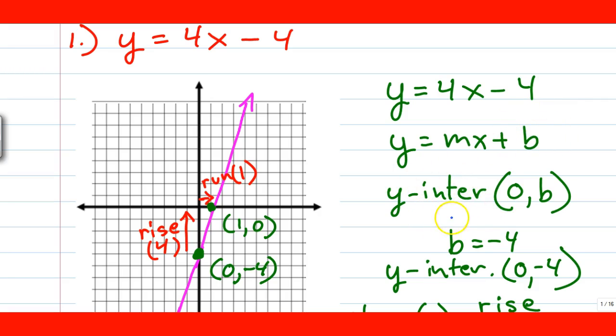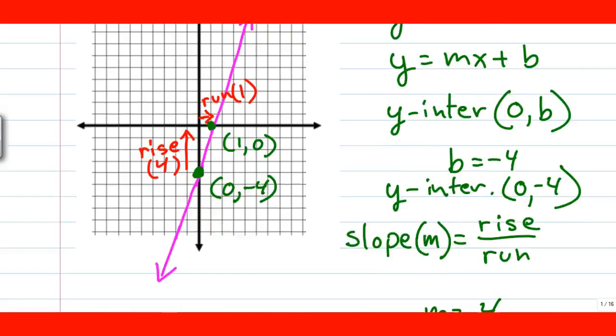It doesn't give me the complete y-intercept, but it does give me part of it. The b position is telling me where on the y-axis the line is going to cross. To get the ordered pair for the y-intercept, I simply put a 0, b. So the b in this one is a negative 4, so my y-intercept is 0, negative 4.